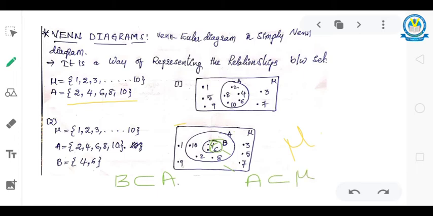Also all the elements of B are present in mu, so B is also a subset of mu. We already know every set is a subset of itself, so A is a subset of A, B is a subset of B, and the remaining are also the same.